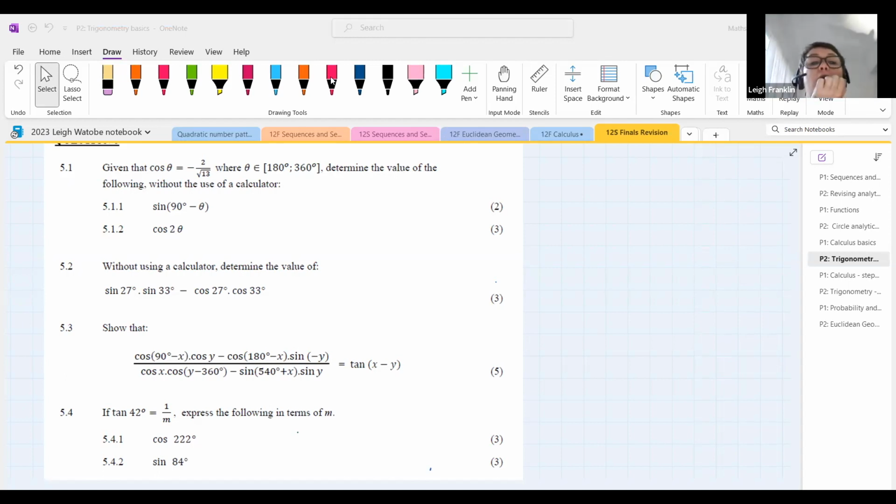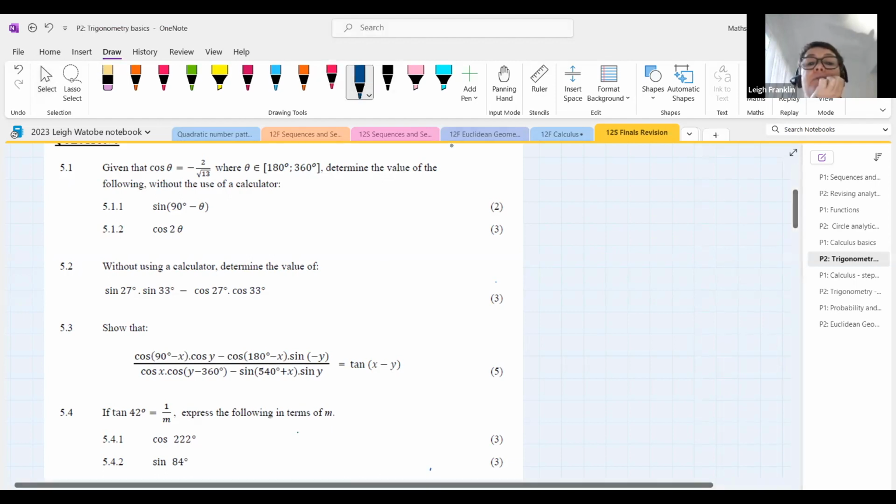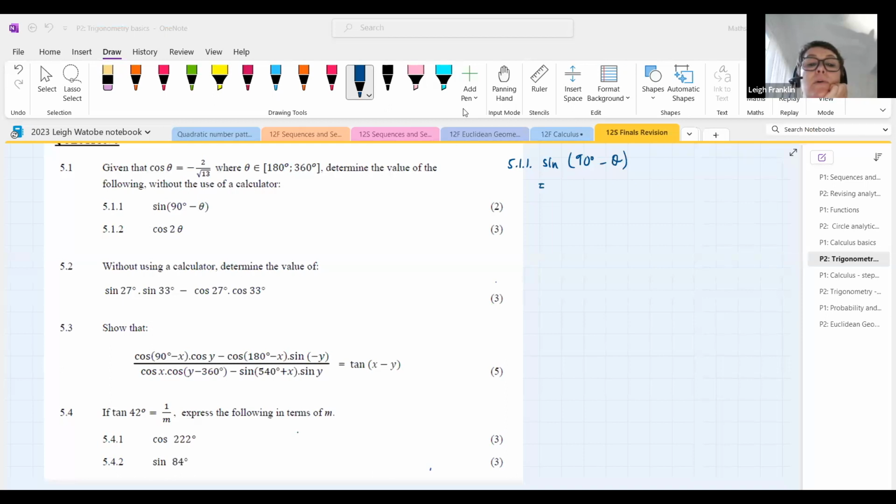So in 5.1.1, you know that sine 90 minus theta is equal to what, Linda? Cos theta, exactly.